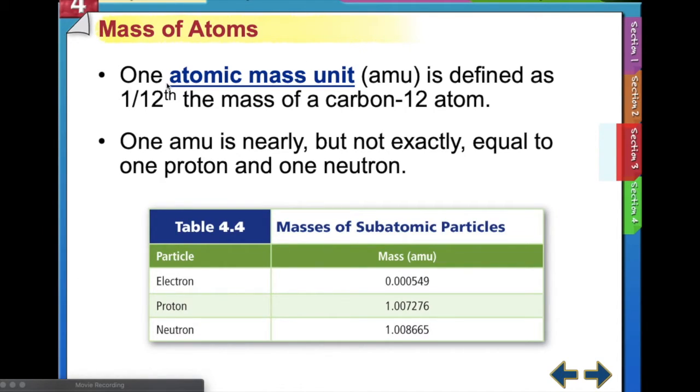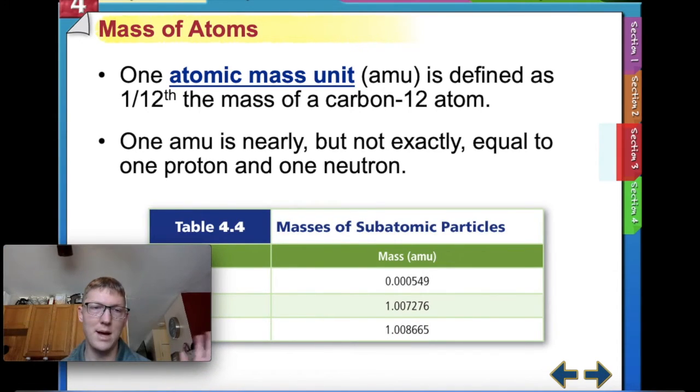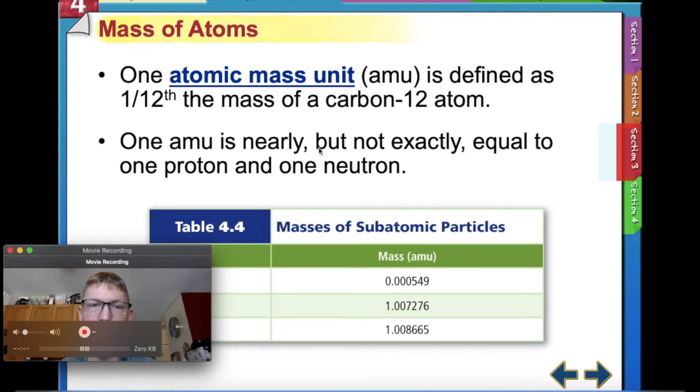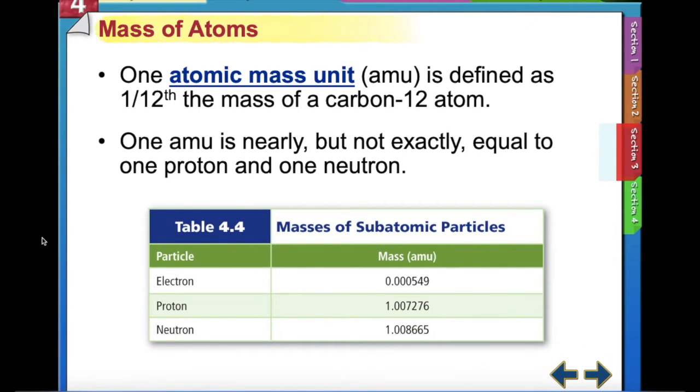So 1 atomic mass unit, AMU, is based on carbon-12. Based on that, 1 AMU is nearly but not exactly equal to 1 proton and 1 neutron. So an electron, here's the mass, proton, here's the number, and neutron, here's the number.